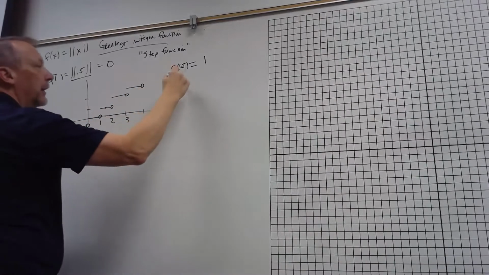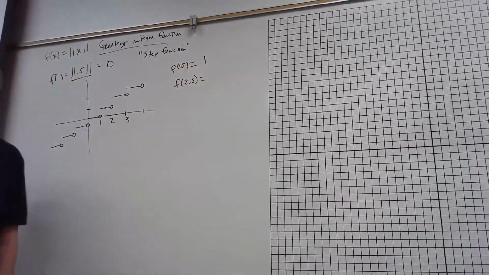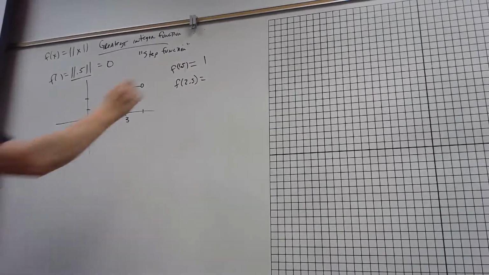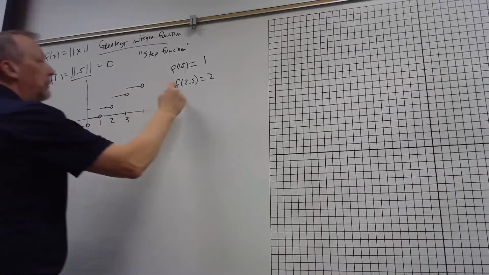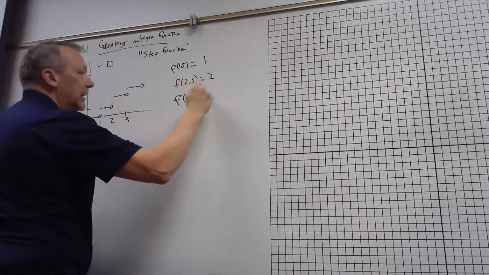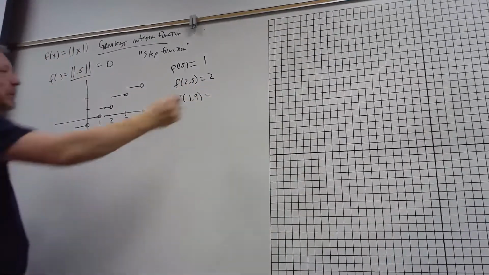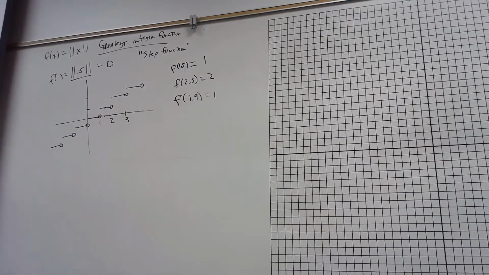F of 2.5 equals 2. So it looks just like a step function. It's exactly what a step function is. It's almost like rounding down. Like rounding down, yeah. Actually, let me ask you one more question. What would be f of 1.9? 1. It would still be 1. Yeah, it's like rounding down. That's a good way to think of it.